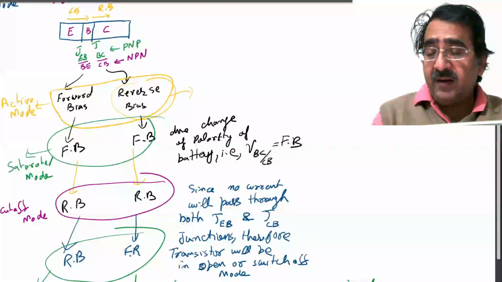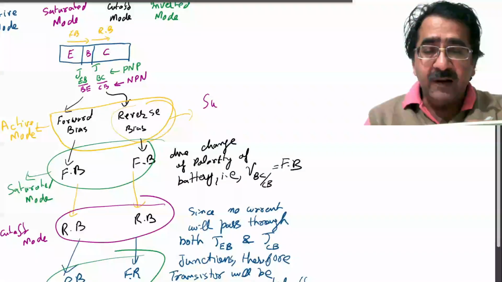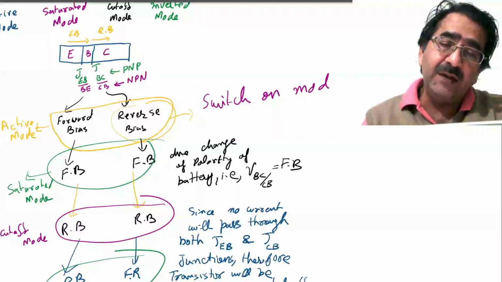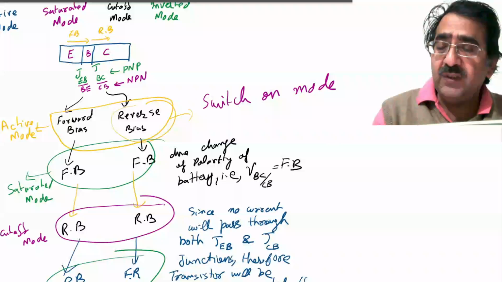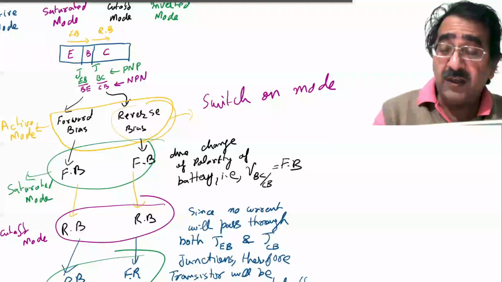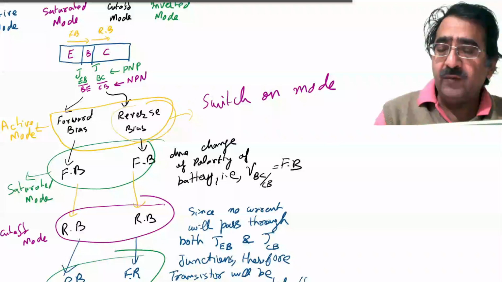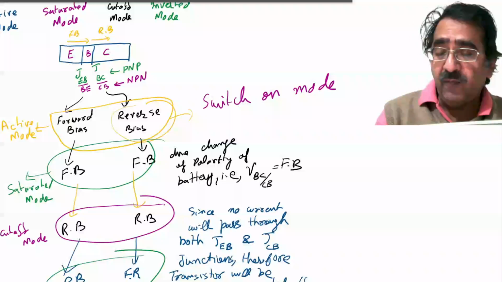But the active mode behaves like a switch on mode. This is also called switch on mode, because in this mode current will flow through the circuit and through the transistor, and the transistor will behave like a short circuit, meaning current easily flows through it.